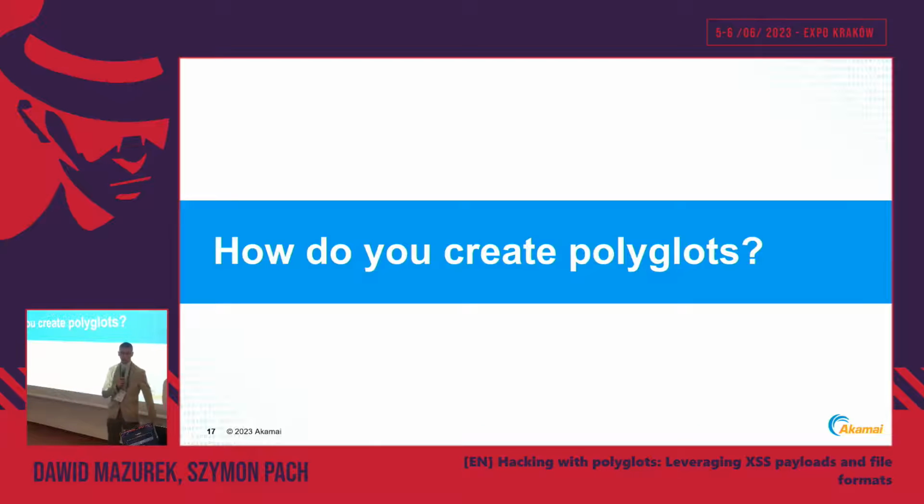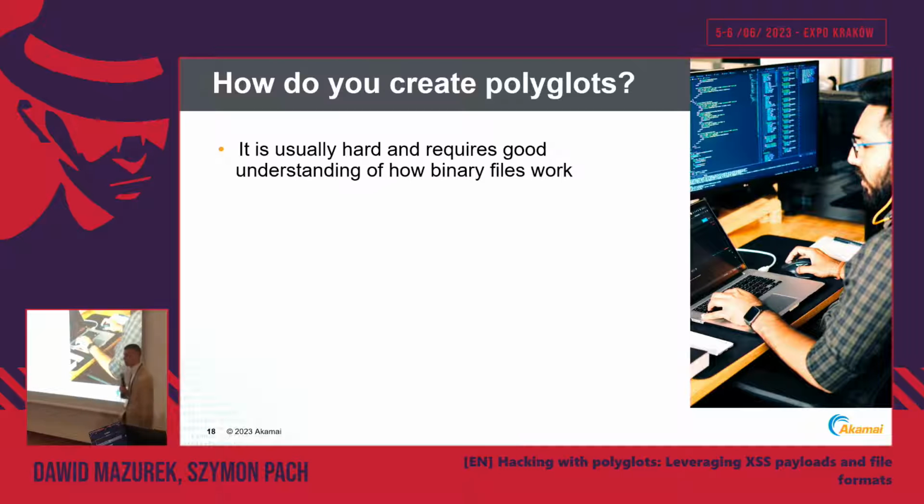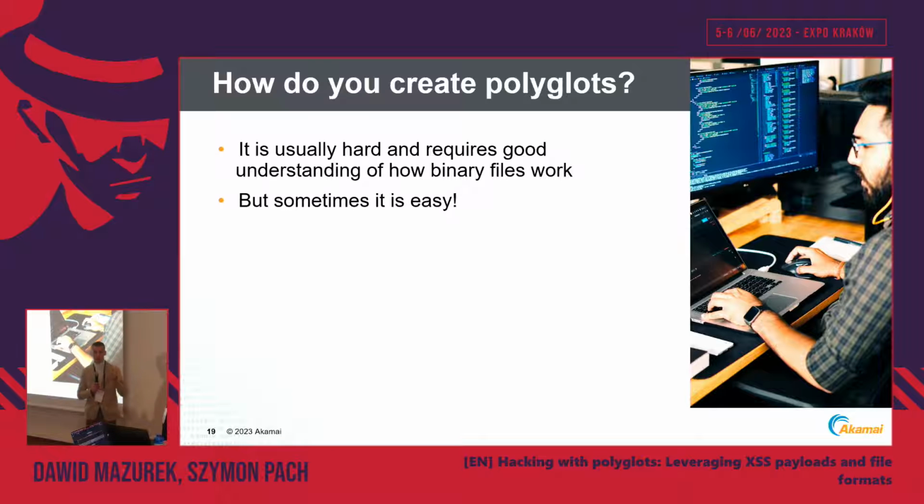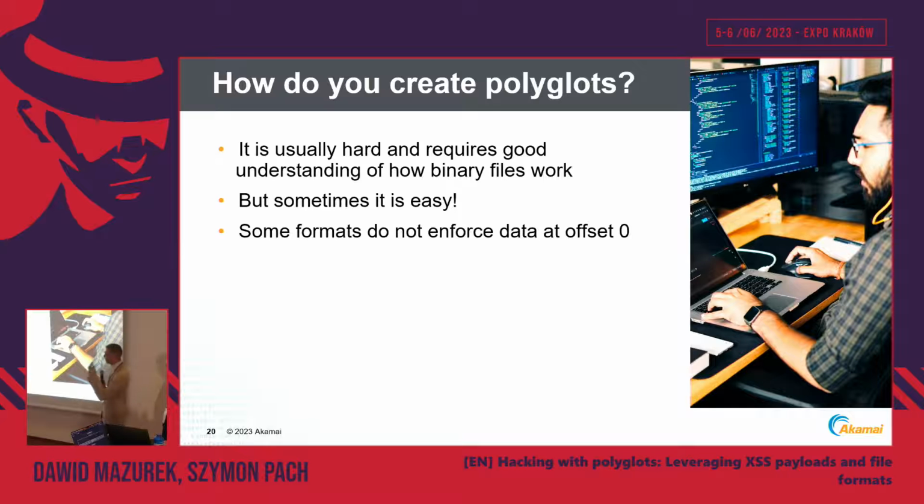So now I will try to explain to all of you how to create polyglots. It's usually hard, because it requires a good understanding of how binary files work and what the structure of the file is, but sometimes it's very easy, because we can do it with simple concatenation of two different file formats, due to the fact that some formats do not enforce data at offset 0.